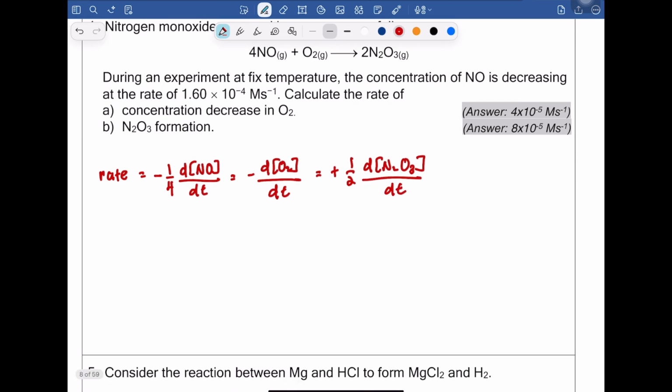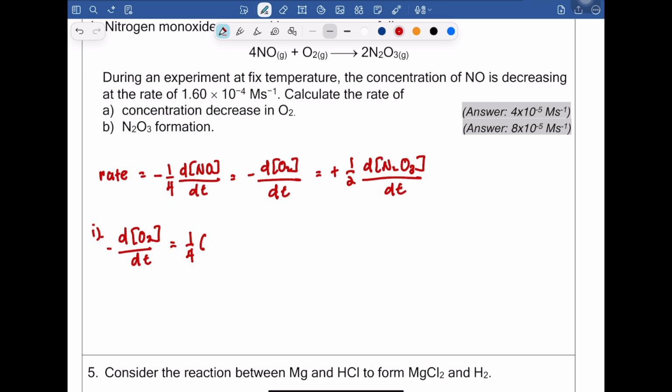First we want to look at oxygen, right? So it should be like this: d[O2] over dt, because we want to find the decrease in oxygen, is equivalent to 1 over 4.